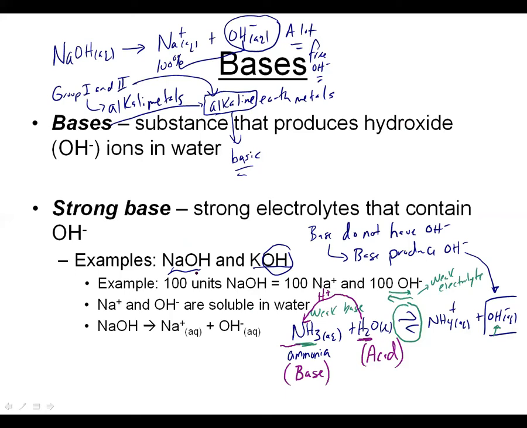The NH3 will act as a base and accept it. So NH3 goes to NH4, gains the extra hydrogen, and also the plus. And when water loses H plus, you can think of water in acid-base chemistry as H and OH. So when it loses that H plus, what is left is OH minus, and that's what we see over here.